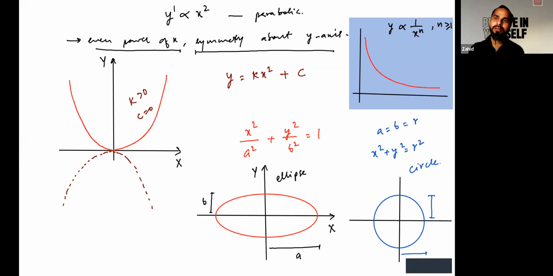Okay. On increasing any one coordinate, the other coordinate will decrease and vice versa. So this is called a rectangular hyperbola. This particular curve has multiple applications in physics. Okay.